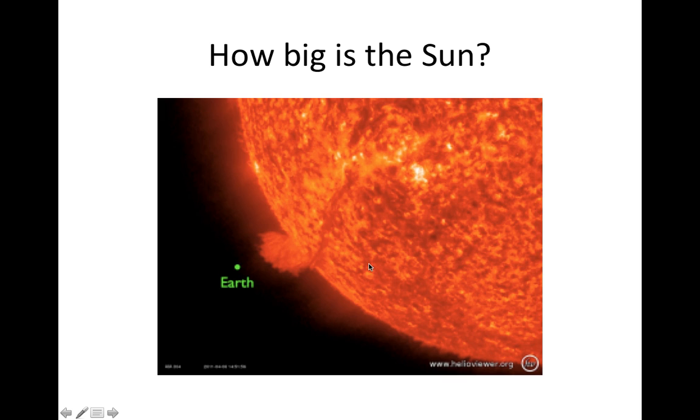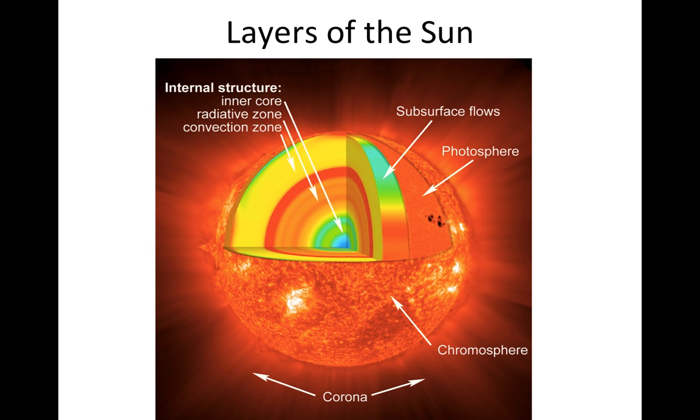But the sun is really a huge ball of gases. As we were talking before, when we were talking about the nebulas, these are large areas of gas that start collapsing together with a gravitational force.